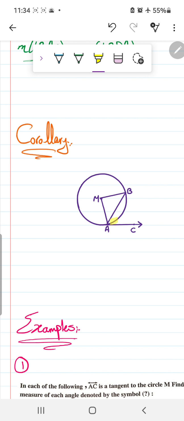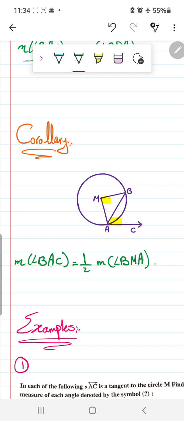So the measure of the central angle is twice the measure of angle of tangency. So here measure of angle BAC equals half measure of angle BMA. As we said, angle of tangency and central angle subtended by the same arc.